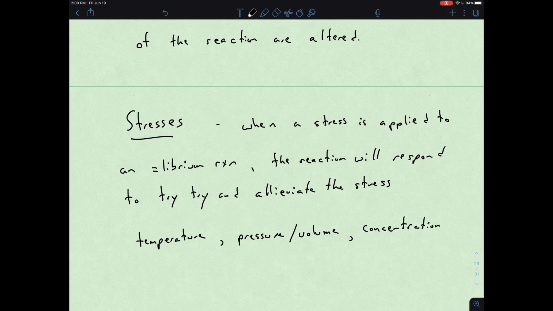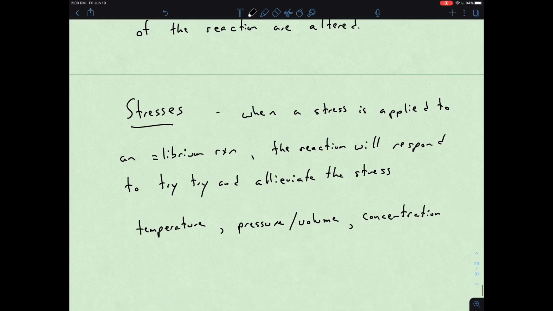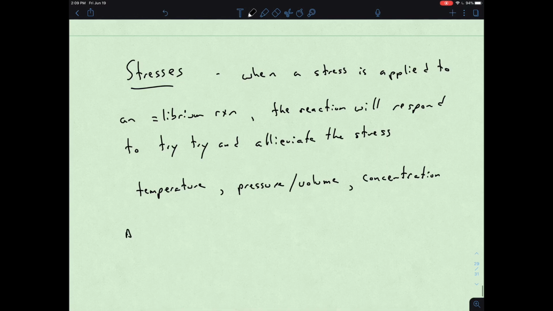So those are the stresses that we have. And so let's just walk through each one of these. Let's start with the pressure volume stress.